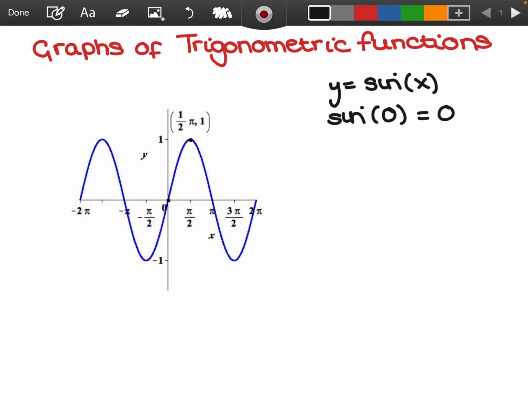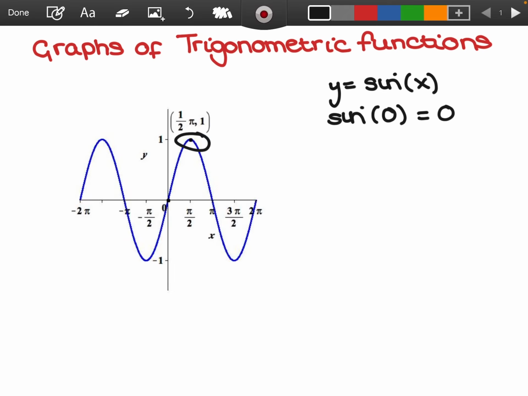It's just convention in terms of what we name things. But what this tells me is that when I have an angle of 0, my y coordinate on the unit circle is going to be 0. That makes sense because when we've got an angle of 0, we are on that positive x-axis. Y is still 0. Okay, so that makes sense. That agrees with what we had before.